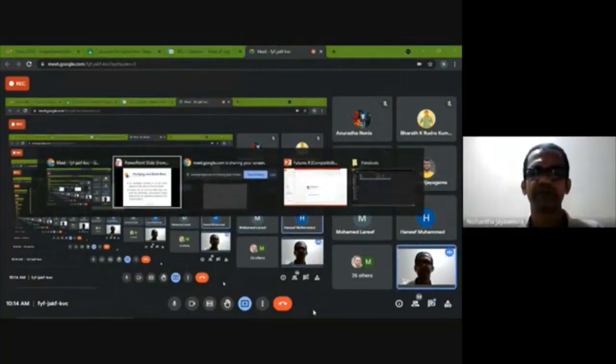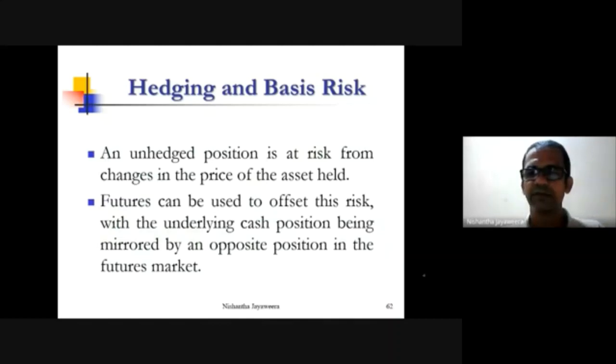Okay, let's see. What I was explaining to you: when you have a 1 million dollar long position and you want to keep it for a 3 month period without taking the exchange rate risk, what do you do? You enter into an FX forward transaction to sell dollars in 3 months.